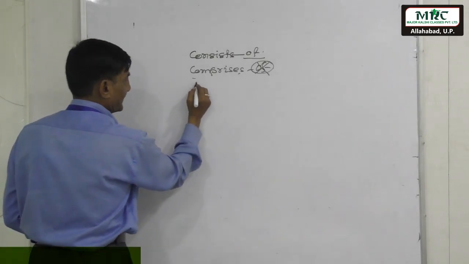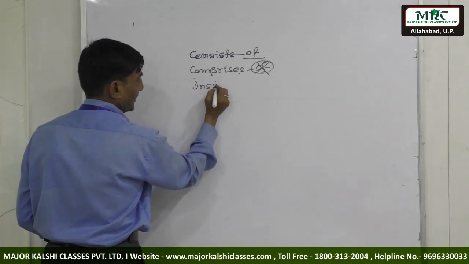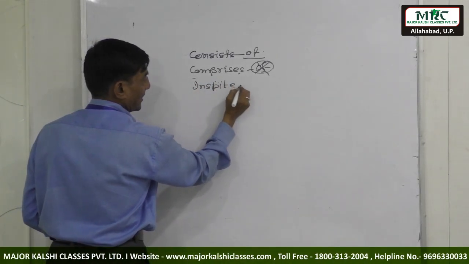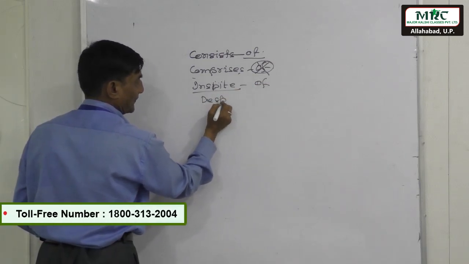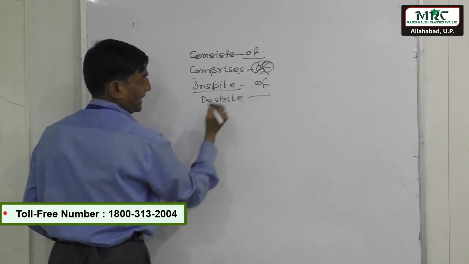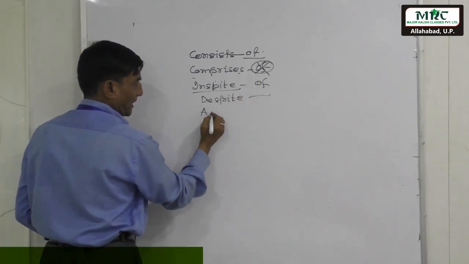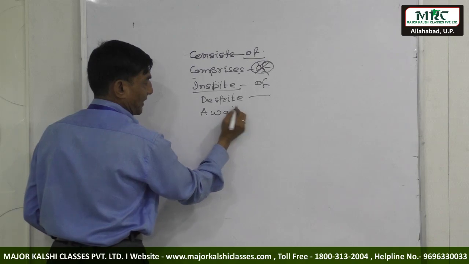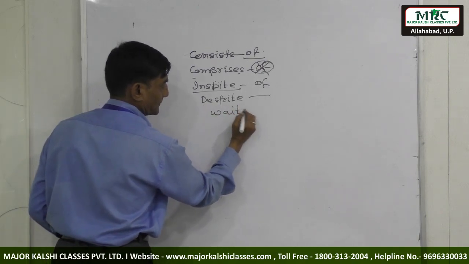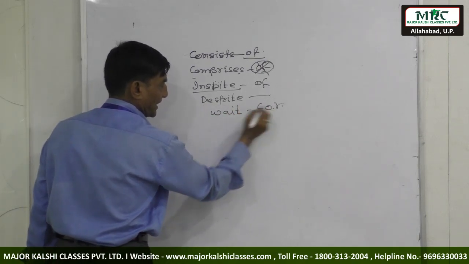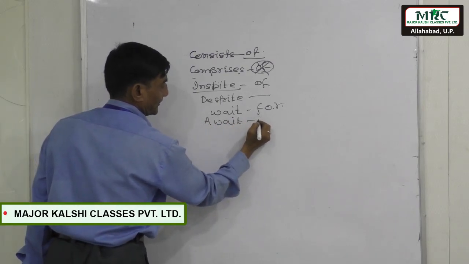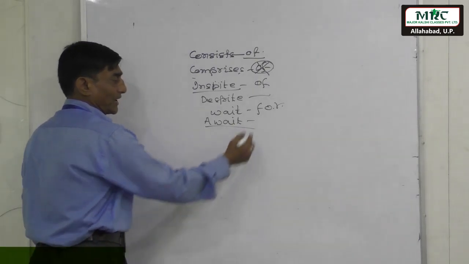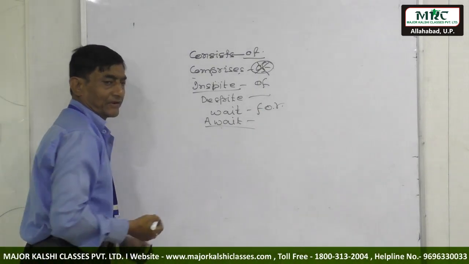In the same way, we use of with in spite, but we never use of with despite. We use for after wait, but we never use any preposition after await, for is already included in this await.